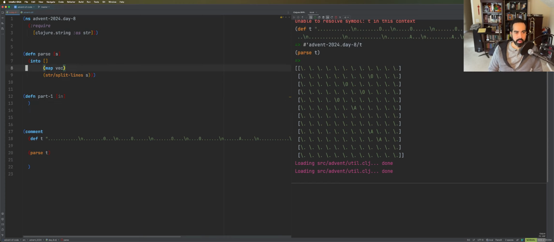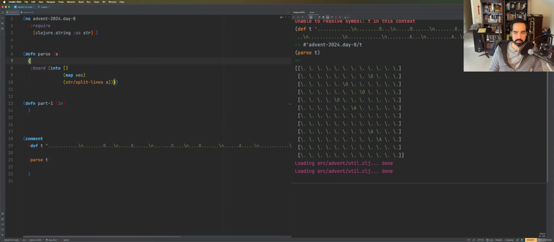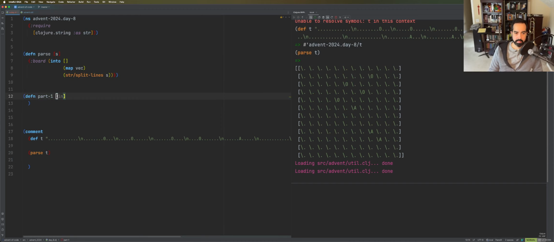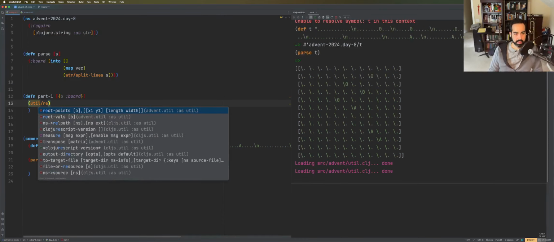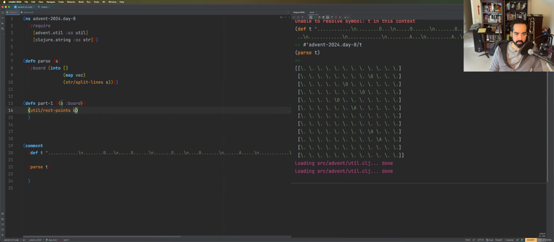Let's see. Well, hang on. We'll put the board in here. And we want to rect points. We just want to go over all the points in the board. Reduce.